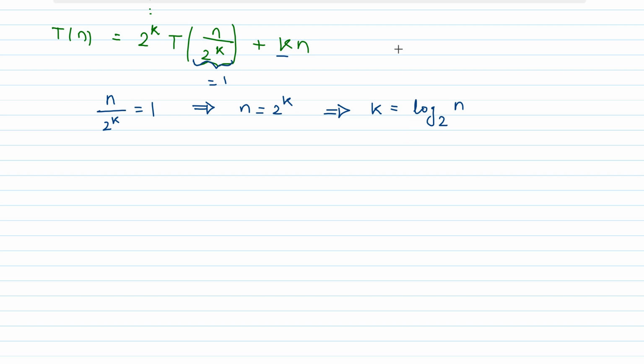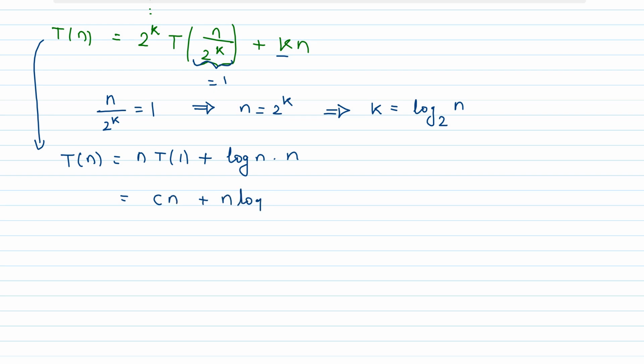So this value we got. Now replace this value in the above equation. So I will get t of n equal to 2 to the power k, which is n, into t of 1, plus k, which is log n, into n. So I will get c into n plus n into log of n.